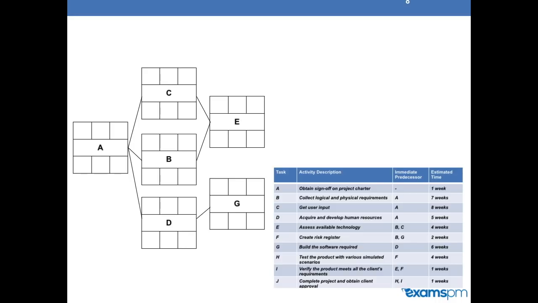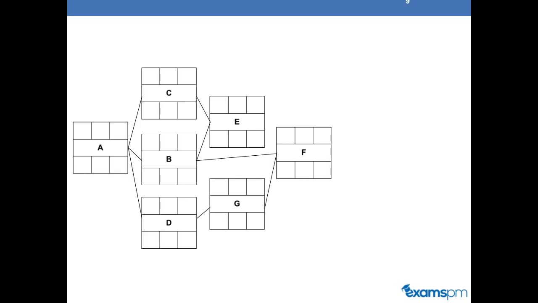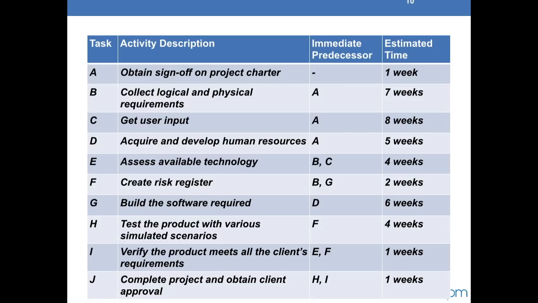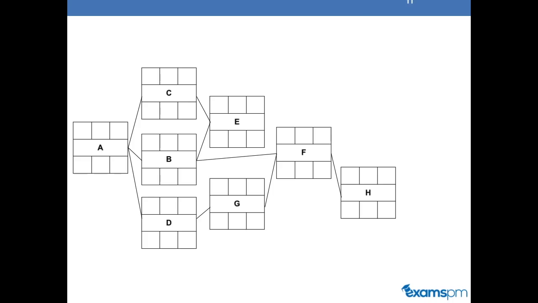So there will be a line coming out of activity B and G leading to F. So let's look back at our chart again. For activity H, we have activity F as a predecessor. So we can draw a line leading from F to H.